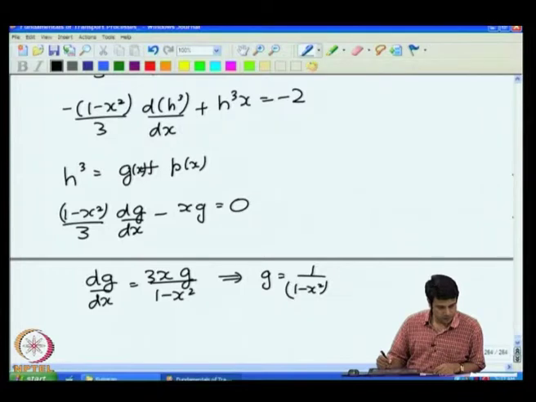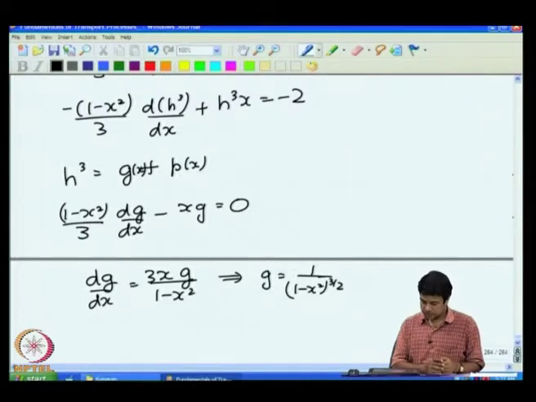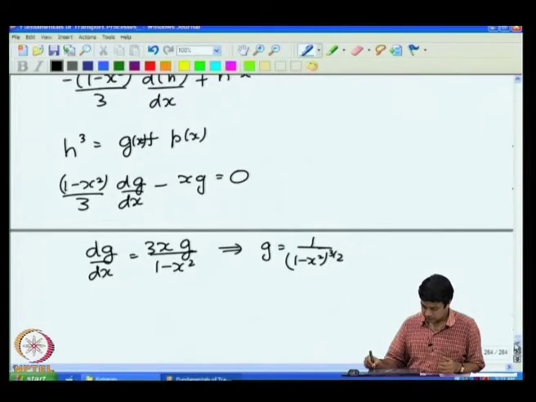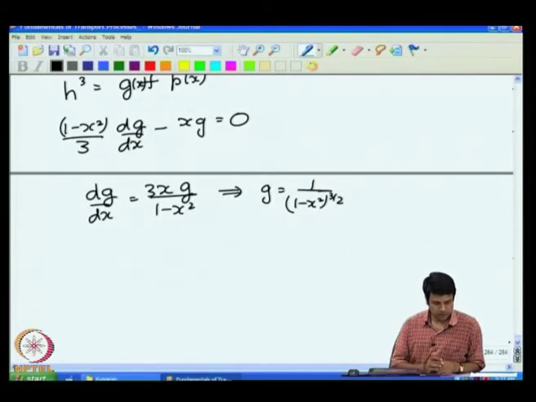The general solution is 1 by 1 minus x square power 3 halves. So, this is the general solution. Now, the particular integral, I can actually write it by integrating by parts.